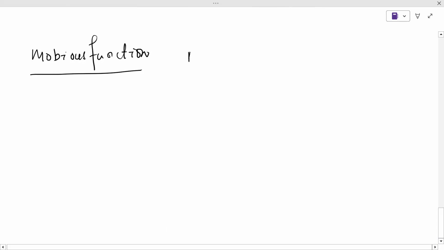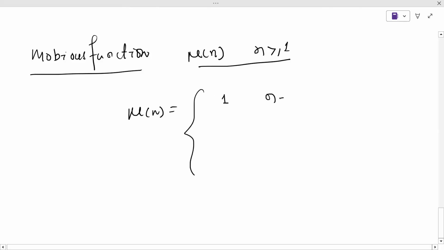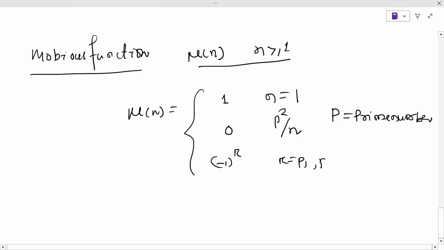The Mobius function is specially denoted mu of n, with n greater than or equal to 1. The Mobius function mu is defined here: 1 when n is equal to 1; 0 when p square divides n, where p is a prime number; and minus 1 to the power r when n is a product of r distinct prime numbers p1, p2, p3.